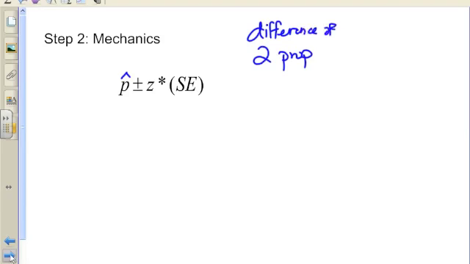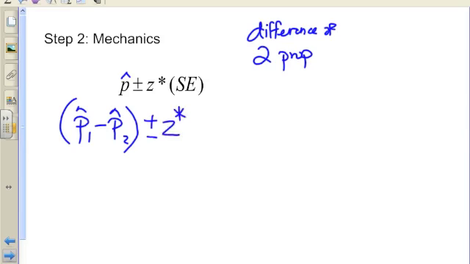So I'm going to replace that p hat with p hat 1 minus p hat 2. Instead of 1 proportion, I'm doing the difference of 2 proportions. I'm still going to add and subtract some z star times some standard error formula.